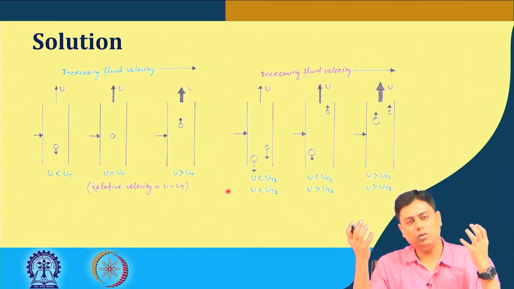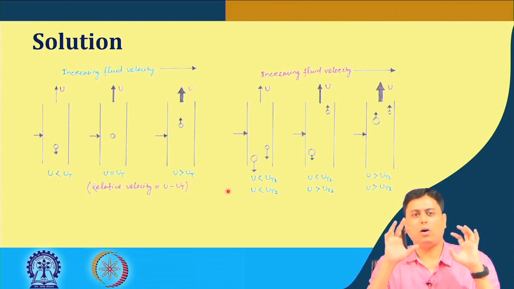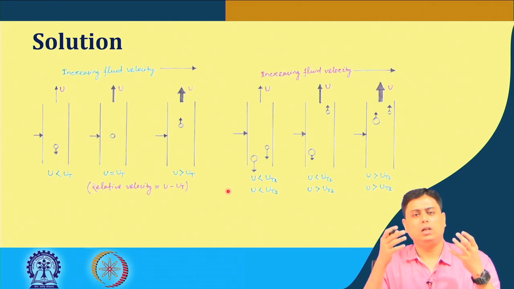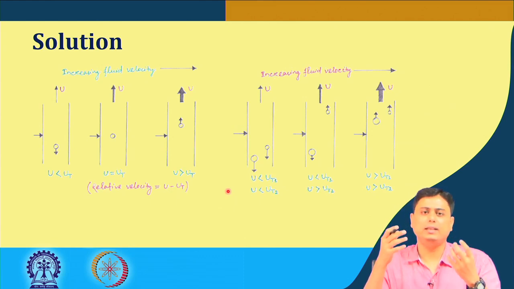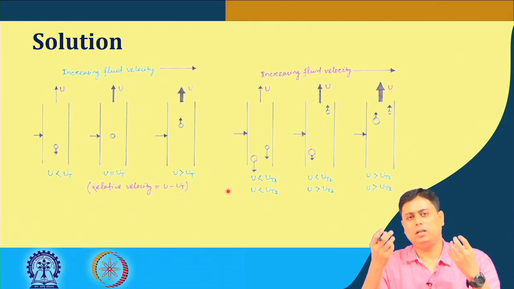If these two terminal velocities are clearly separated, then the whole range can be easily separated, because the heavier material with larger size will have the highest terminal velocity, and the lighter material with the smallest size will have the lowest terminal velocity.